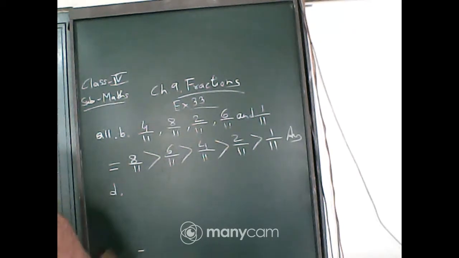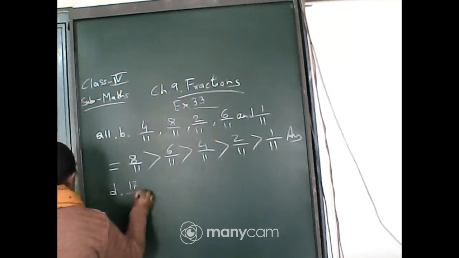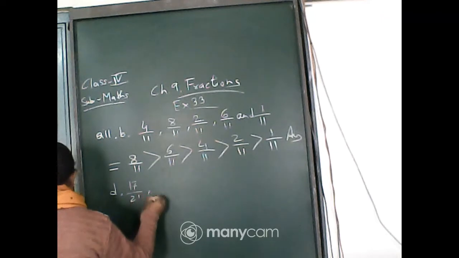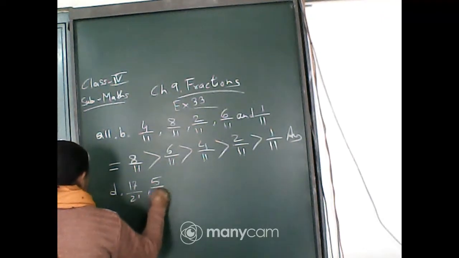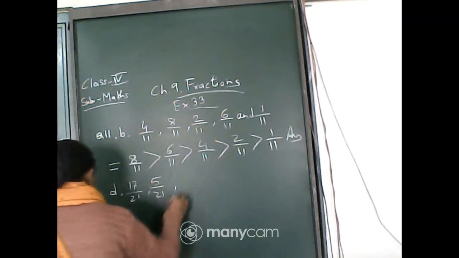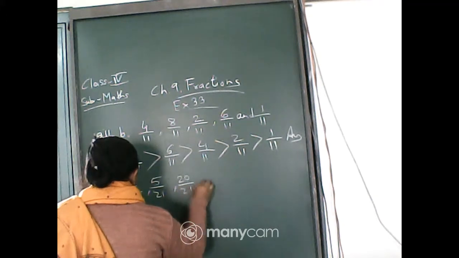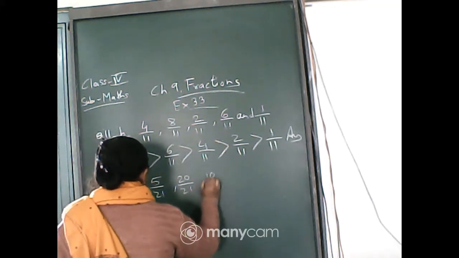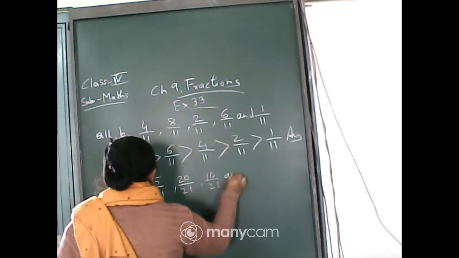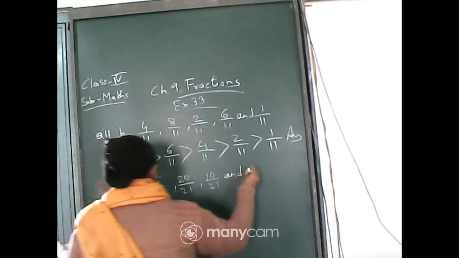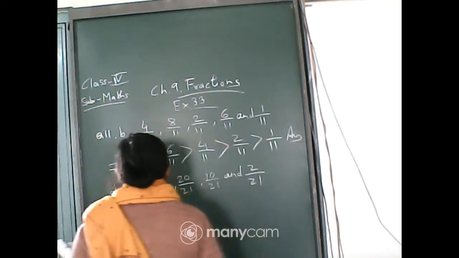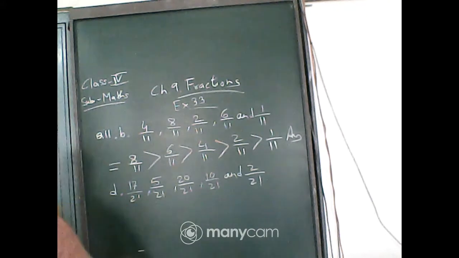Part D is given: 17 by 21, 5 by 21, 20 by 21, 10 by 21 and 2 by 21. As you can see, all the denominators are the same. So, let us write the bigger one.